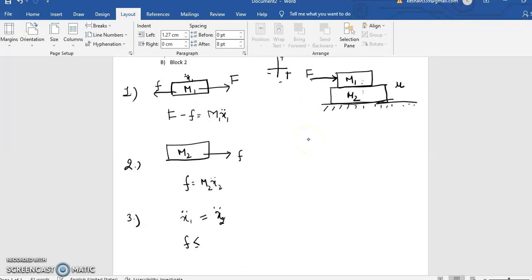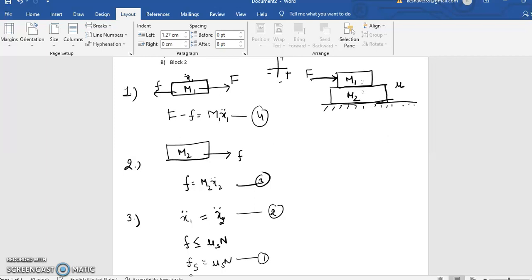We know that the frictional force is less than or equal to the coefficient times the normal reaction. In this question, as the horizontal force asked is maximum, the friction force will be maximum, so f will be maximum, and it will be equal to mu s N. So these are four equations given to me in this question.